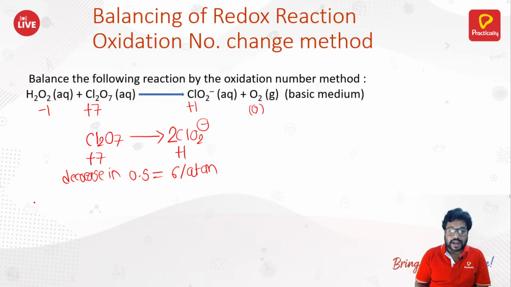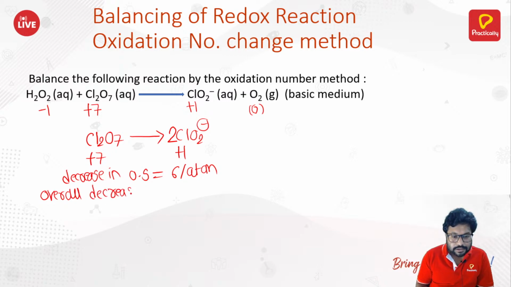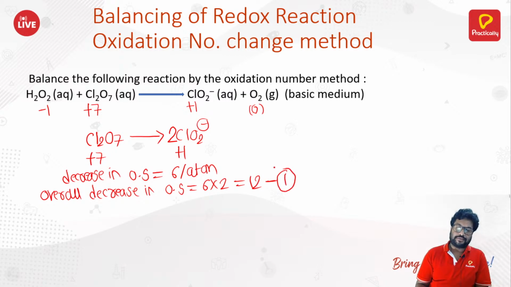But you've got 2 chlorine atoms here, and therefore the overall decrease in OS is equal to 6 into 2, which is equal to 12. That is your equation number 1.